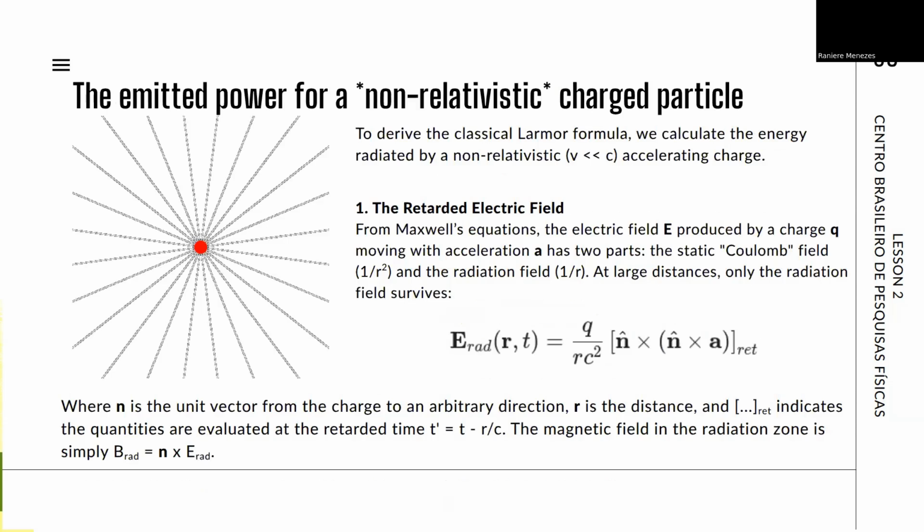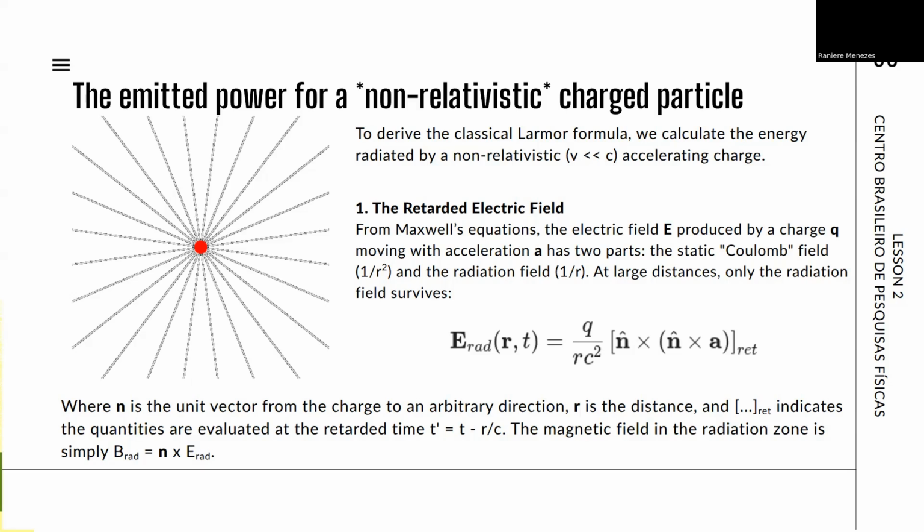Okay, so our goal here is to compute the emitted power first for a non-relativistic charge and then for a relativistic one. To derive the classical Larmor formula, I will ask you to assume this retarded electric field.